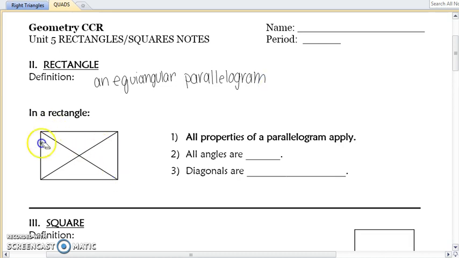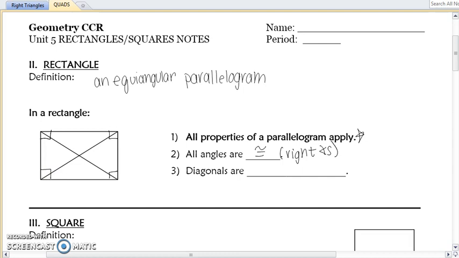So in our rectangle, yes, we have all of the properties of our parallelogram, but the additional properties, or characteristics, are that all angles are congruent. And in our rectangle, more specifically, when we have all angles congruent, they're going to be right angles. So we'll have a 90-degree angle on each of these corners.